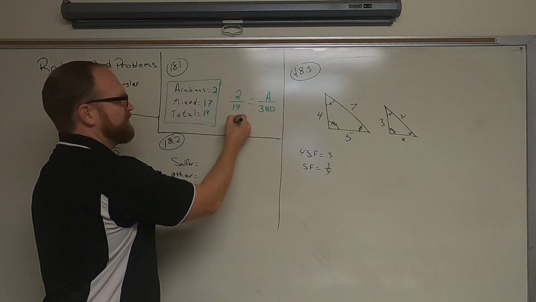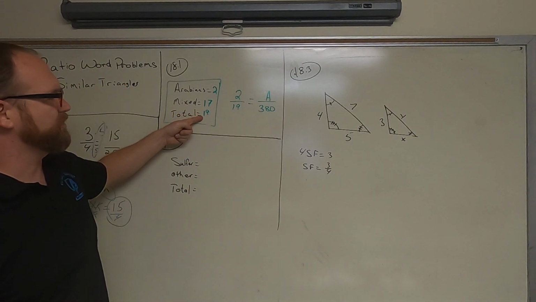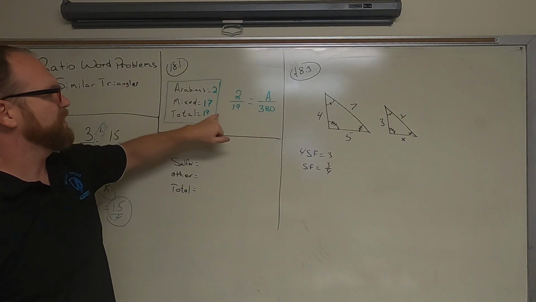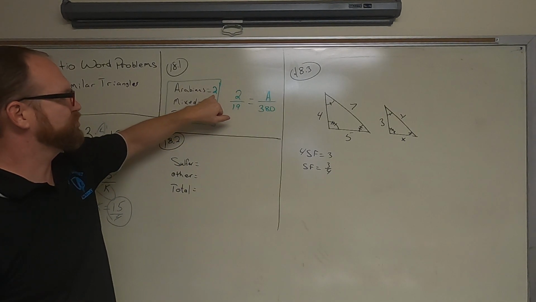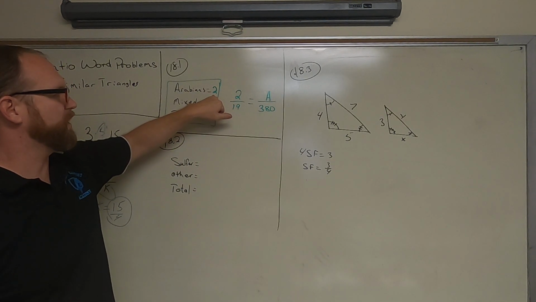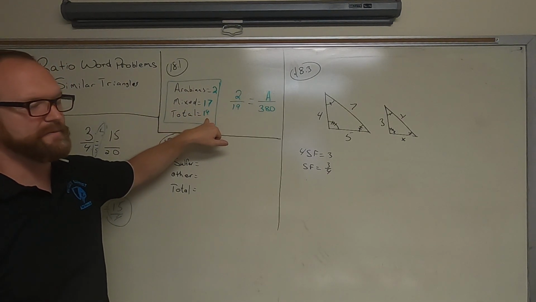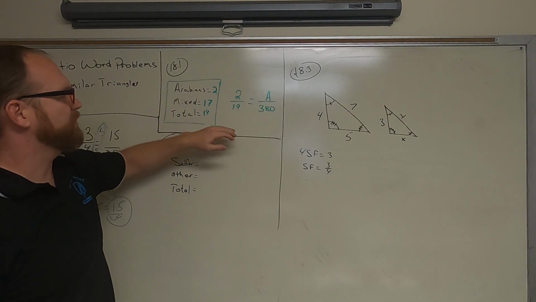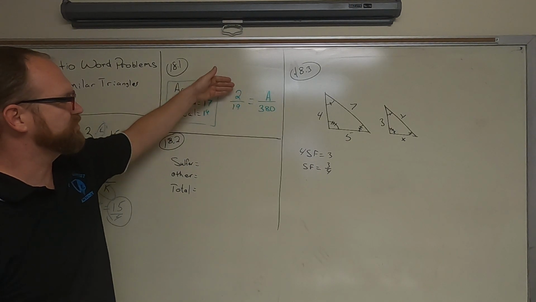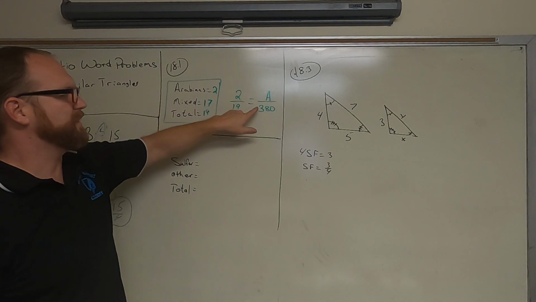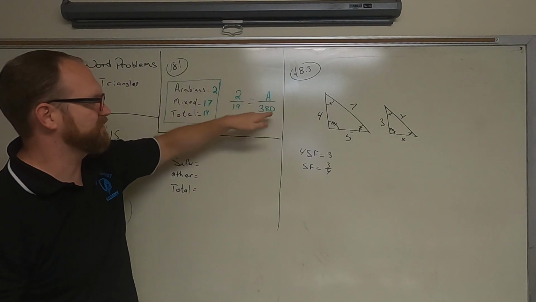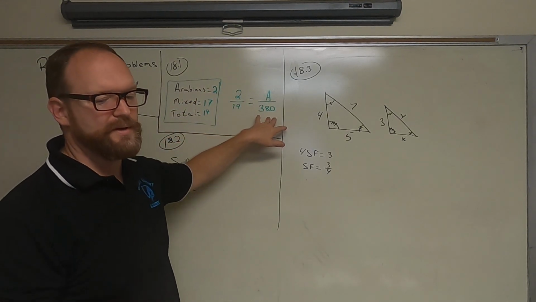Now recall, this is not the actual number in the herd. It means for every 2 Arabians, there's 17 mixed, and so we have a total of 19. And so our Arabians to total is 2 to 19, and we're looking for the Arabians if we have 380.